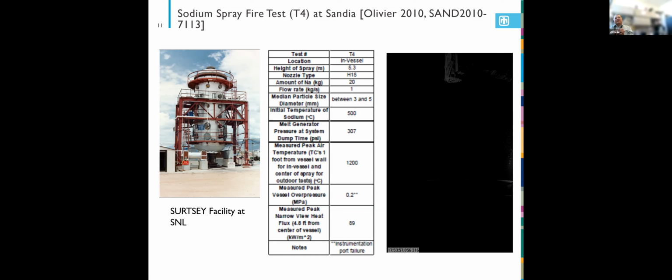It's a research facility. It's like a cylinder, like shown here. It has a 99 cubic meter volume, and it's 3.6 meters in diameter and about 10 meters in height. And this particular test is in vessel. And the spray height is 5.3.